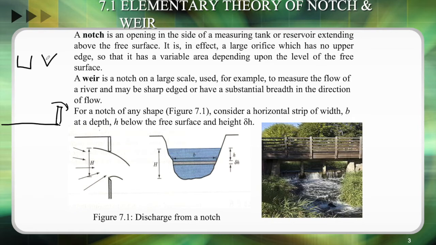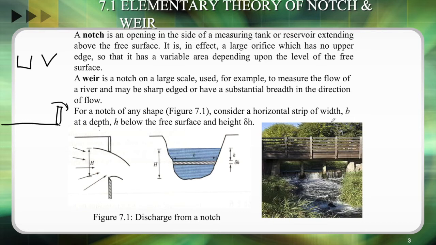Okay, that is the differentiation between notch and weir. A notch is for the lab scale, small scale, and a weir is for the large scale. This figure and schematic diagram show the notch and weir.